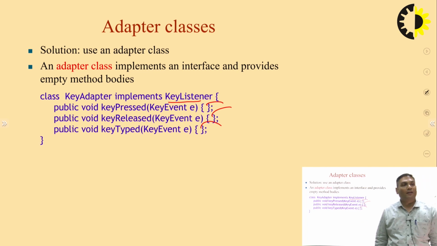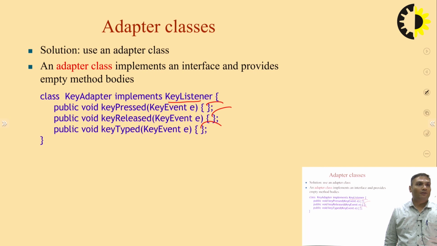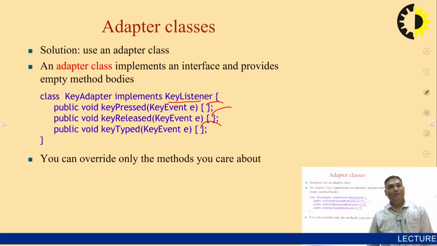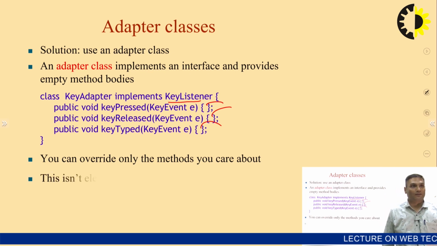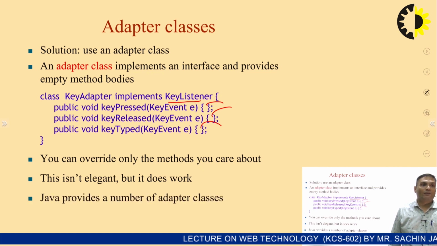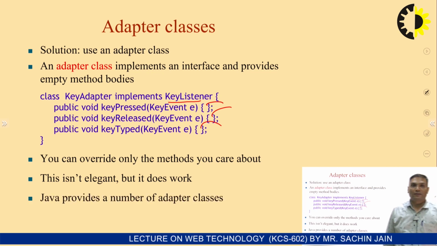So an adapter class has methods without bodies, and you override only the methods that you care about. This is not elegant, but it works, and Java provides a number of adapter classes.